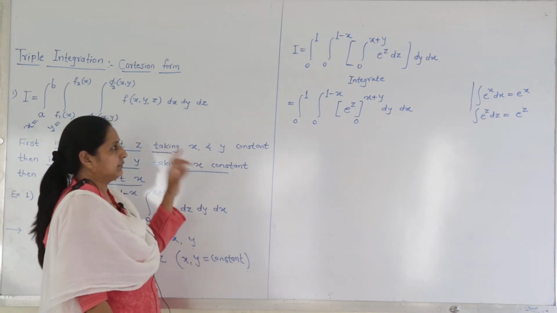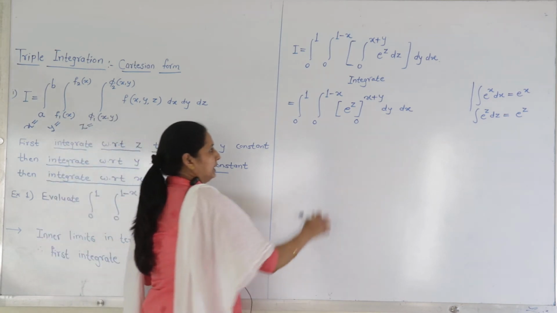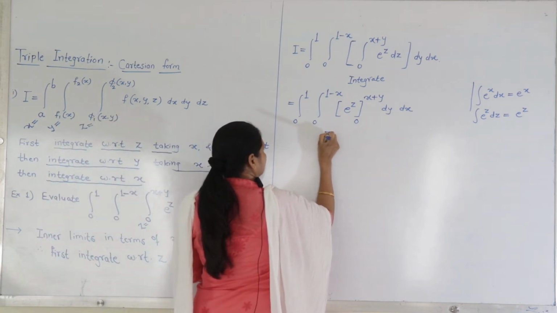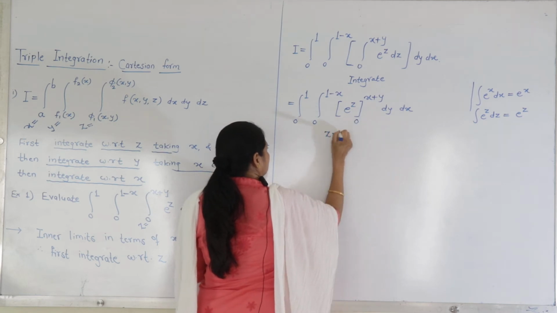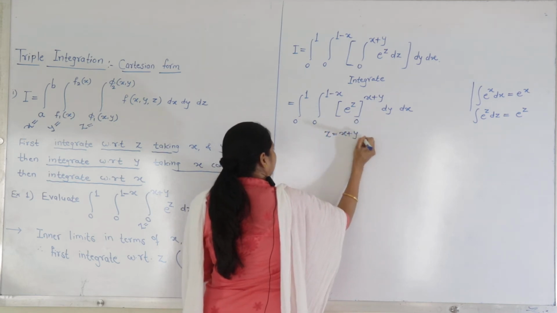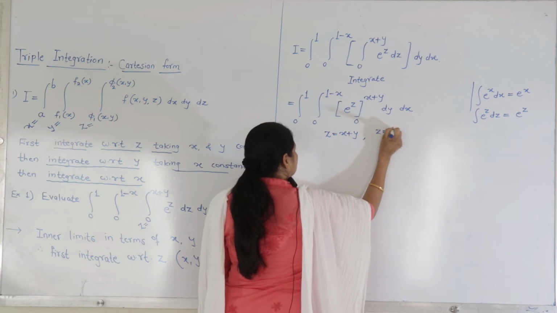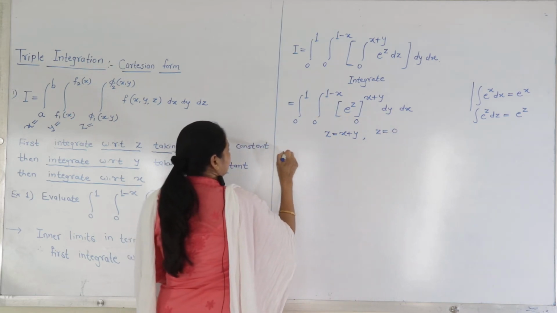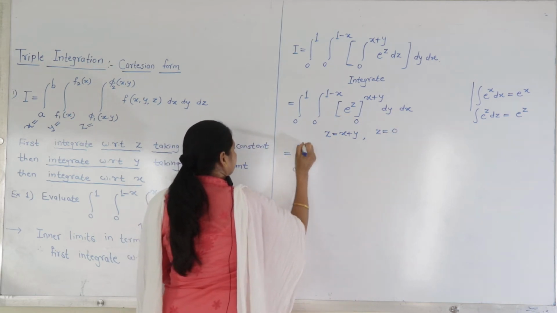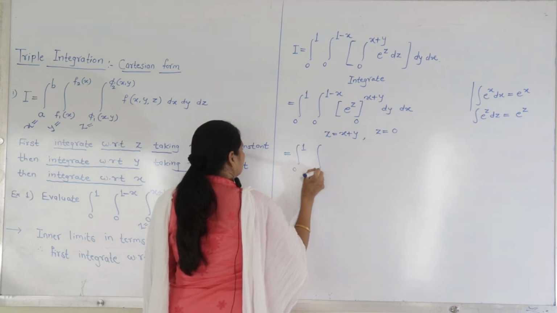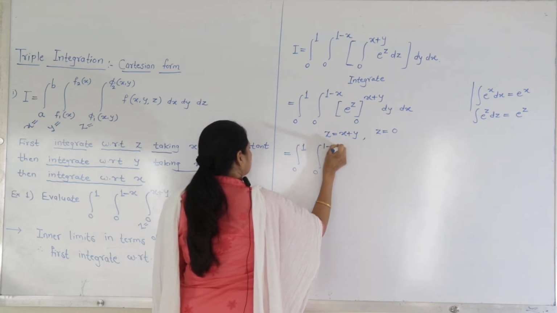Now first we integrate with respect to z. Now put limits. Upper limit of z is x plus y and lower limit of z is 0. Then integration as it is 0 to 1, 0 to 1 minus x.